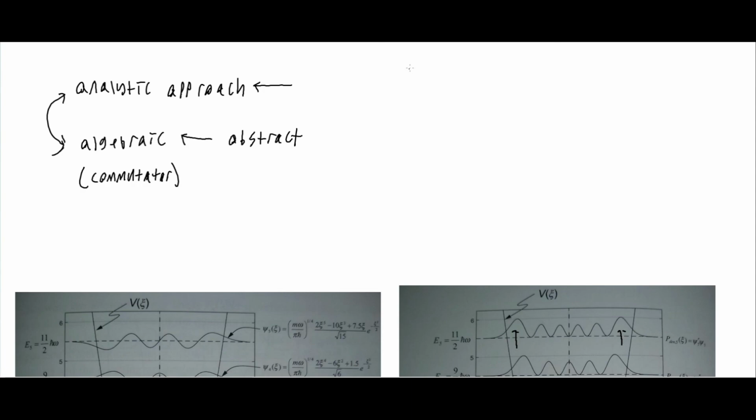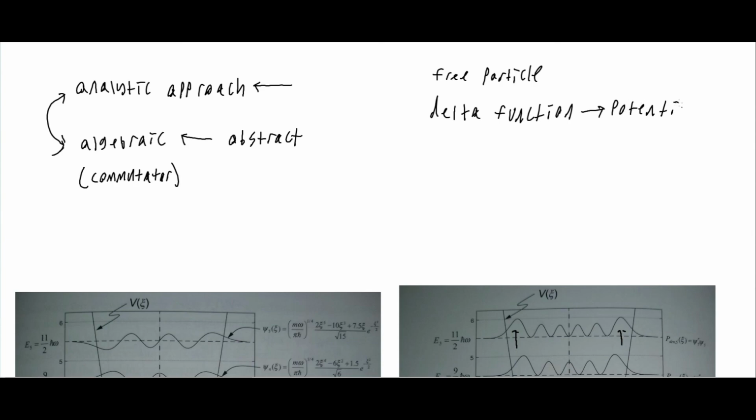The video after that, I am going to look at the Schrodinger equation for a free particle. And then after that, I'm going to look at the Schrodinger equation for a Dirac delta function, with the delta function being the model of the potential.